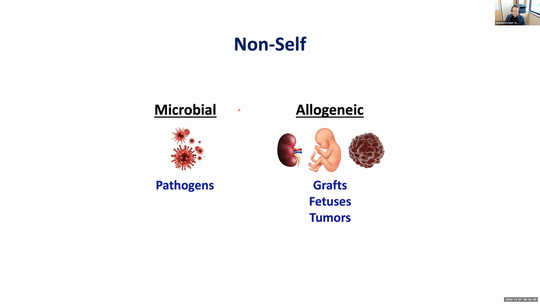So when we talk about non-self that our immune system recognizes, we can divide it up into two major groups. One is microbial non-self, and this includes all the pathogens that we're exposed to. And the other half that gets neglected frequently is allogeneic non-self. These are transplants, allografts, but there are also fetuses and tumors that develop in the body.